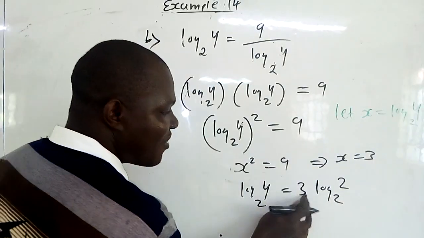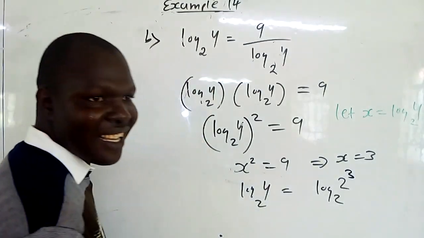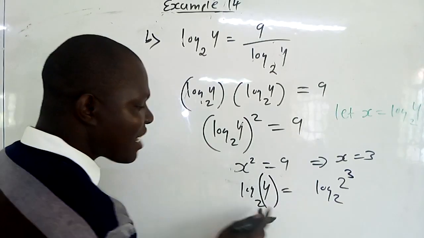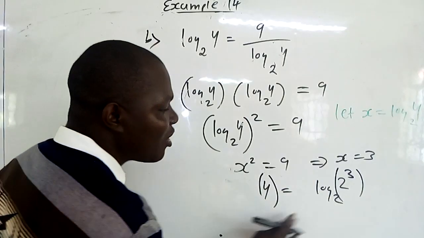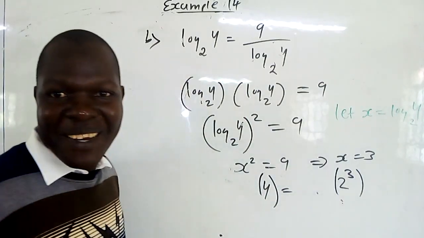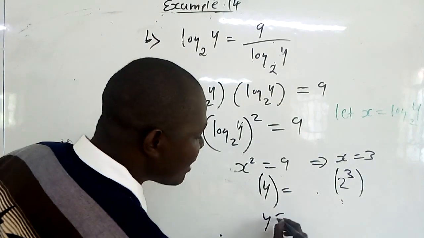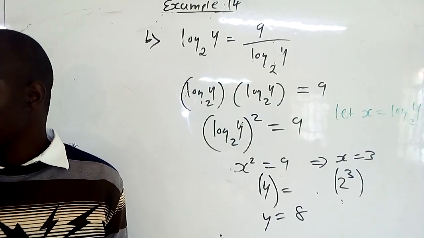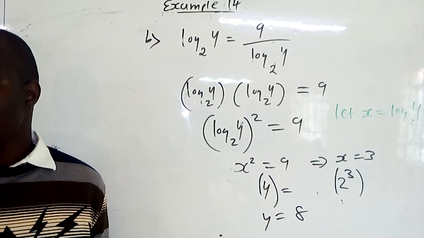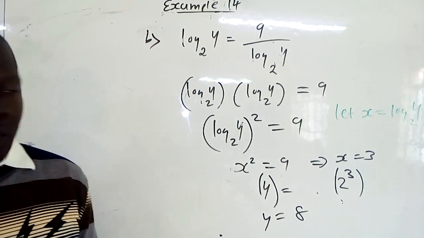Then this coefficient 3 becomes the power. So you made the left hand side one thing, right hand side one thing. Then you remove log on both sides of the equation. So you end up with y is equal to 2 raised to power 3, which is 8. Whichever method you use, you should be able to find the final solution. Good.